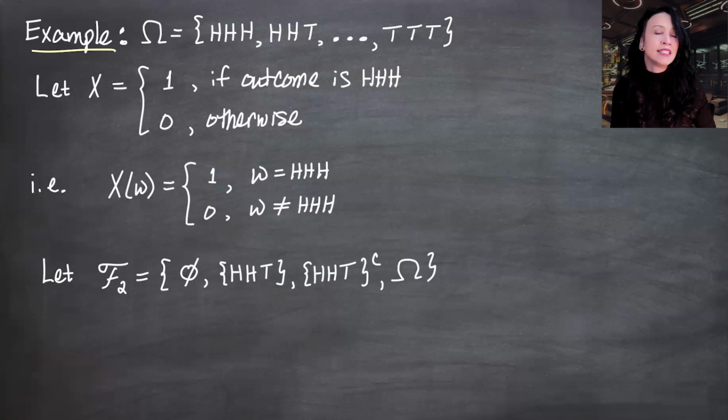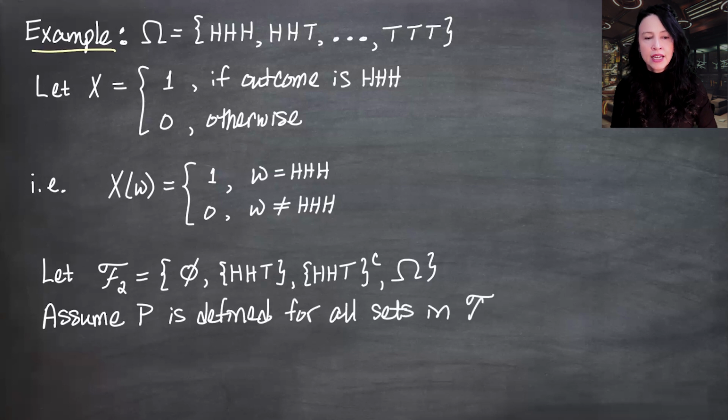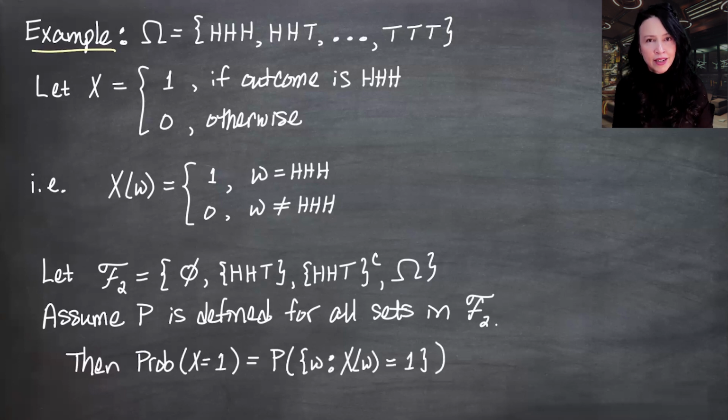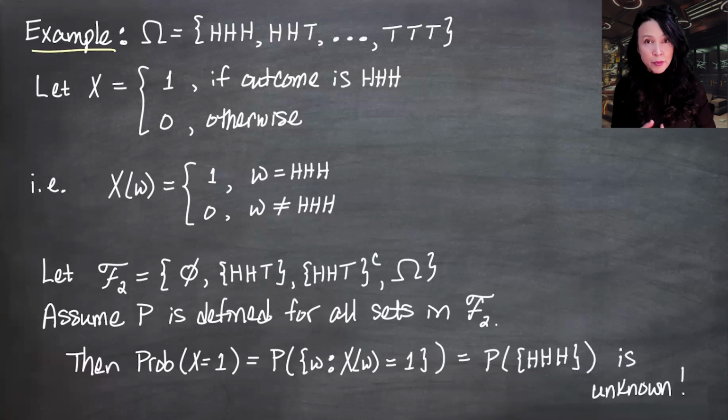If we assume that P is defined for all the sets in this curly F2, the probability that, say, X is 1 is the probability measure of the points in Omega that map to 1. And those points in Omega here are just the singleton set consisting of the outcome heads, heads, heads. And I don't know this because I have defined a probability measure only for sets in this sigma field, and the singleton set with heads, heads, heads is not in this sigma field.